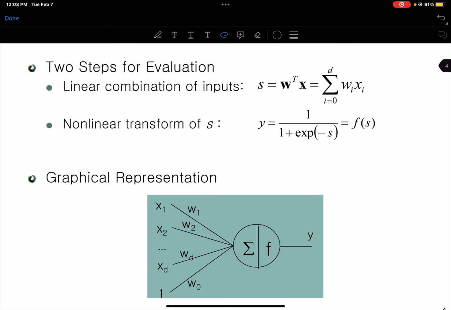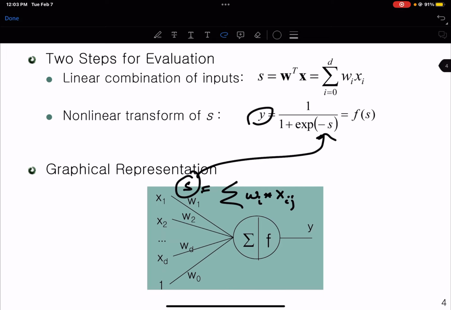We represented the perceptron graphically in this format, where each weight is multiplied by the input values, and then they are summed up. This gives us the result s, which is input into our classifier function to obtain our y values.